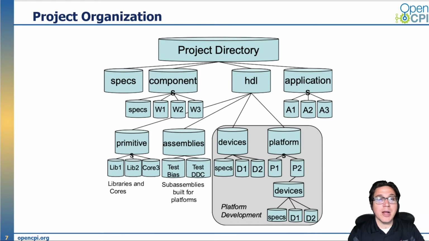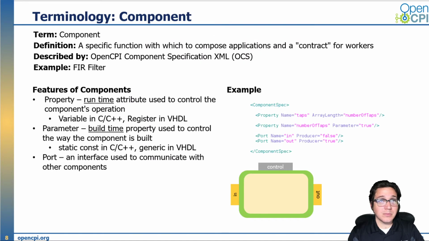The platform project houses our device workers that handle the transceiver data and configuration device workers for those as well. And under OSPS is where we have the system support projects located.